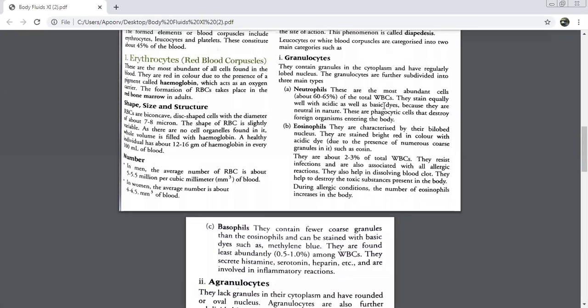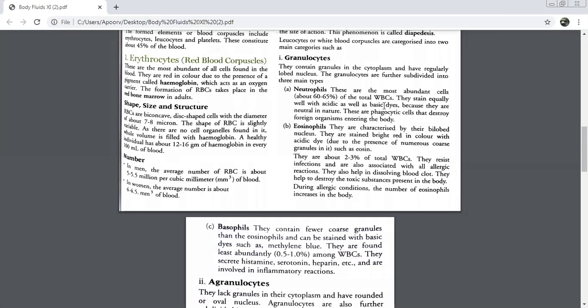Now, very quickly, tell me all the three kinds of granulocytes. Which was the first one? Neutrophils. How many percent? 60 to 65%. Which kind of a dye should we use, acidic or basic? Neutral, both.